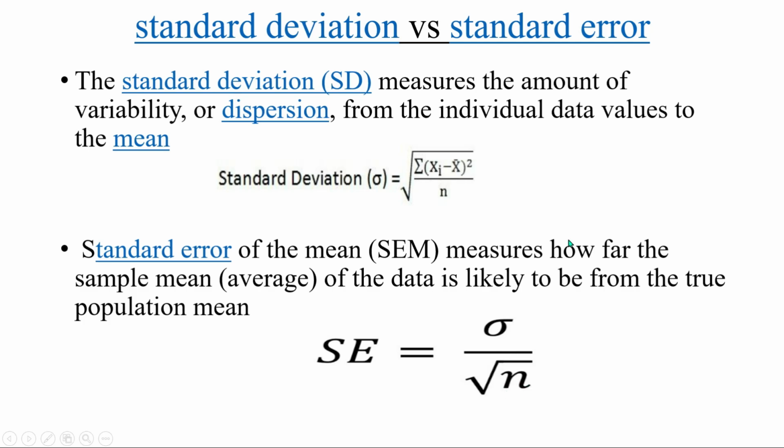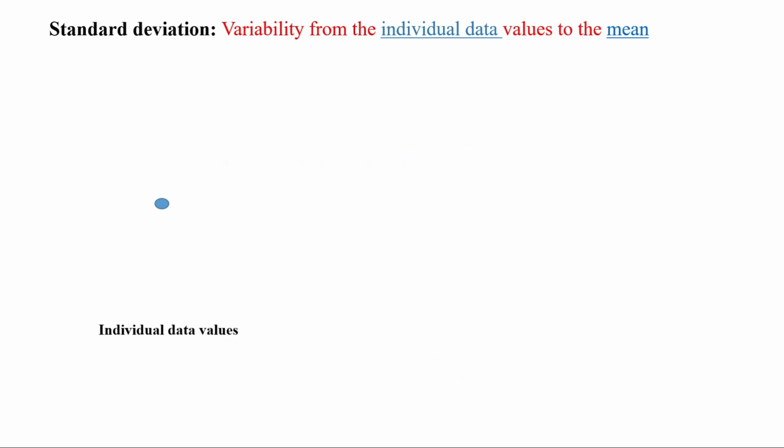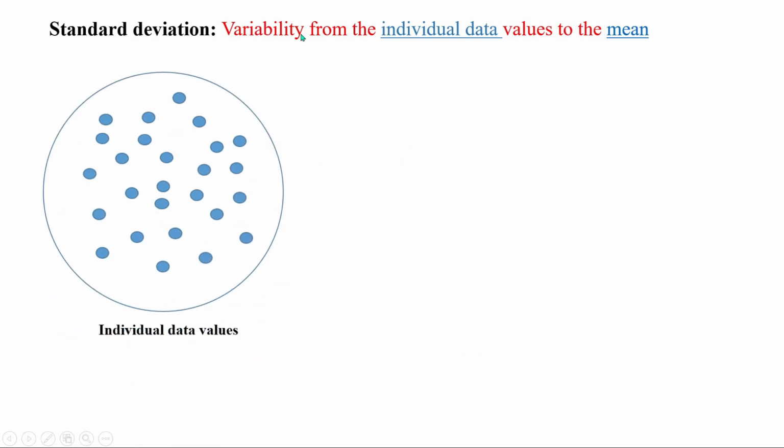If we want to explain it through visualization, we can say that suppose there are individual data values. That means these are the sample values. This is sample 1, this is sample 2, this is sample 3, and lots of sample values.